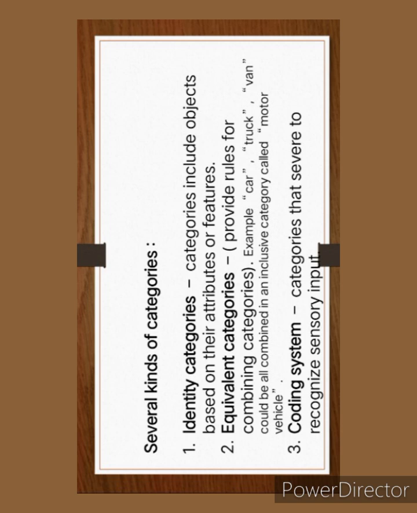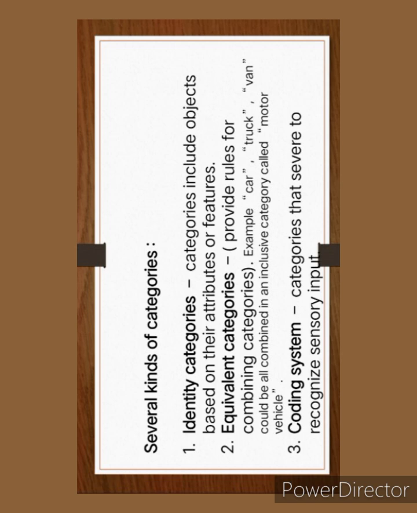Identity categories include objects based on their attributes or features. Identity categories refer to the groups that individuals identify with based on shared characteristics or experiences.